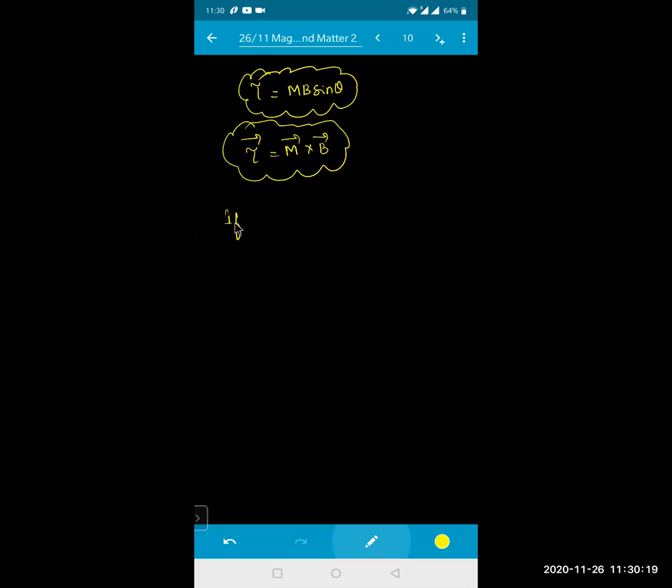Now see here, if theta is equal to 0 degrees or 180 degrees, torque will be equal to how much? Can anyone tell me? Sin 180 or sin 0?